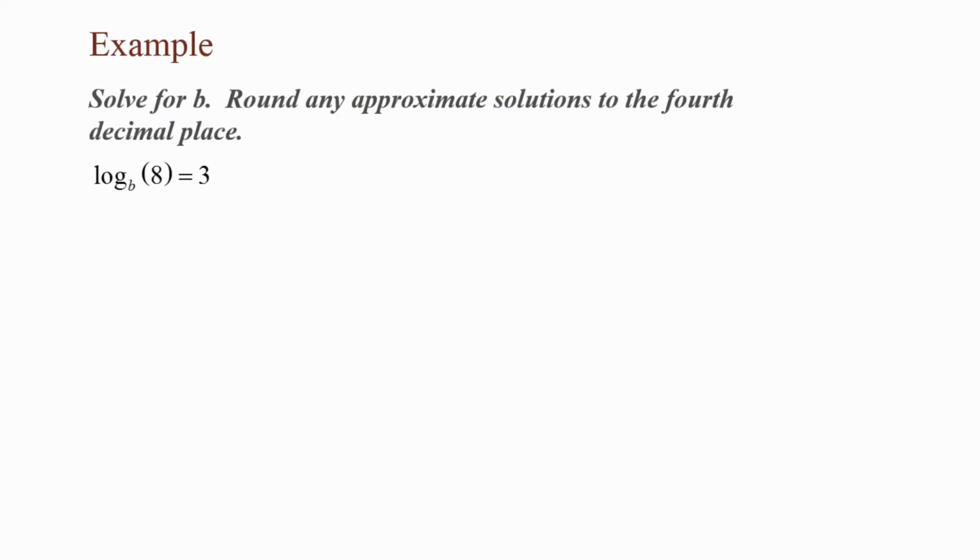In this example, solve for b. Round any approximate solutions to the fourth decimal place. Log base b of 8 equals 3. One method we have to solve this is by remembering that 8 is a perfect cube. So I have log base b of 2 to the third power equals 3.